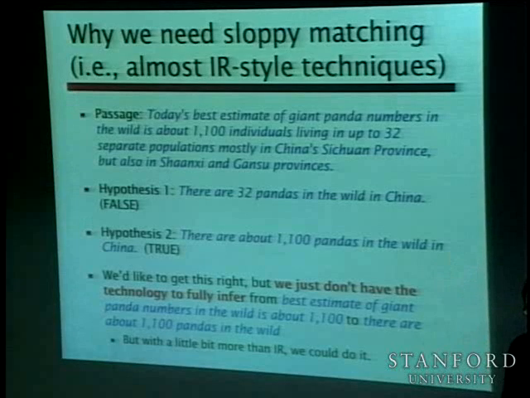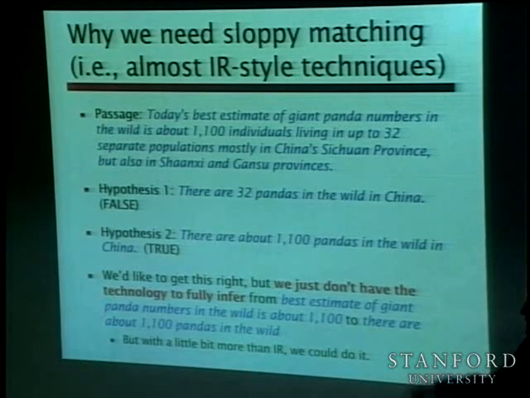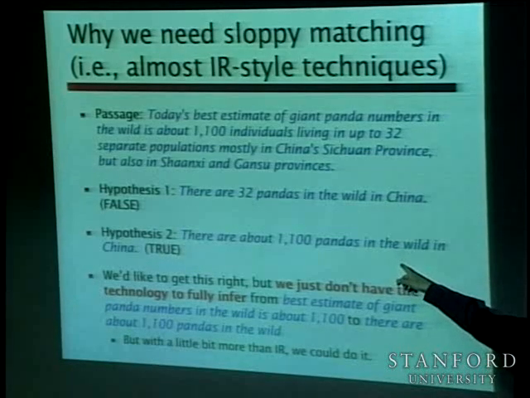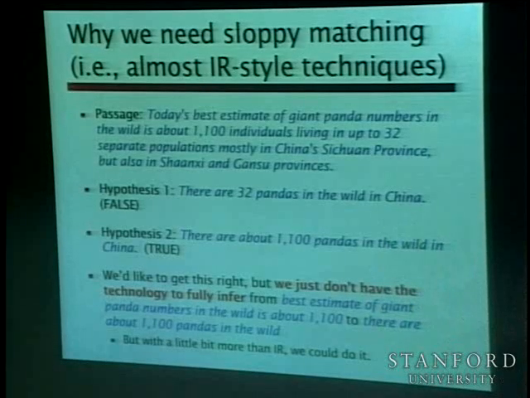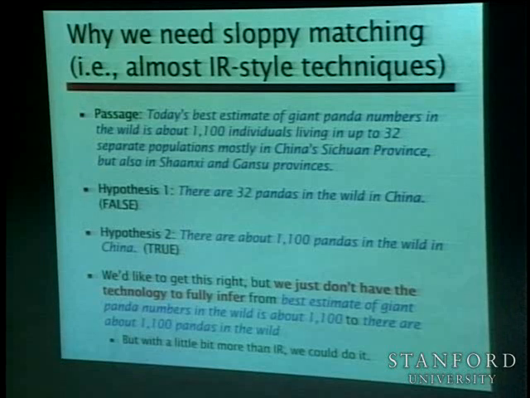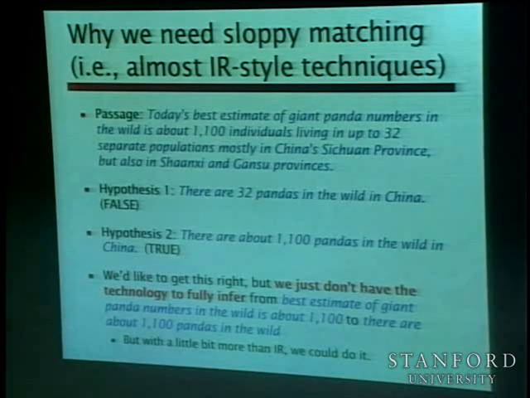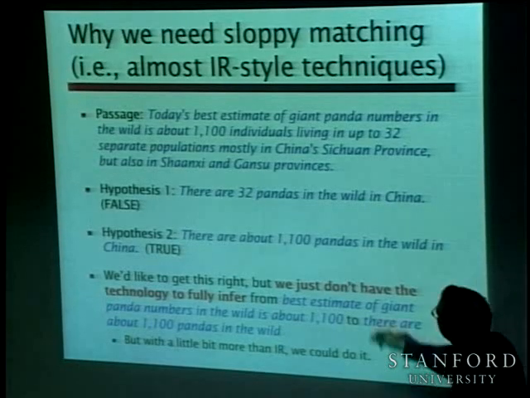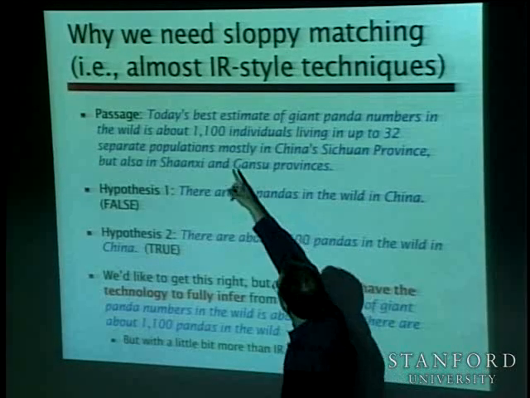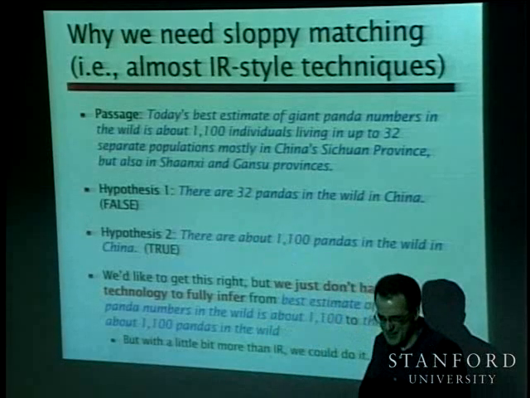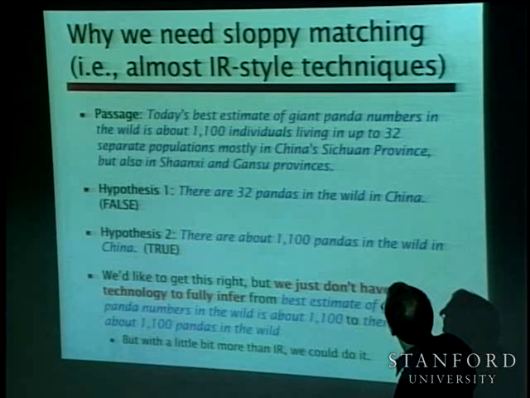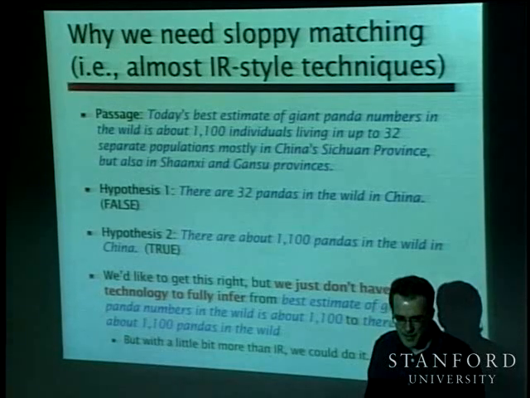The interesting thing really is, it's just obvious that this one is true, and as a human being, you say, well, it's obviously true. Look at the passage. It says there are 1,100 pandas in the wild in China. But if you actually look hard at the passage, this is kind of complex, because the 1,100 modifies individuals. It's not 1,100 pandas, it's 1,100 individuals. And where do the pandas come in?